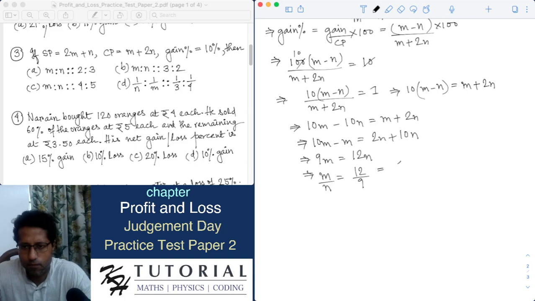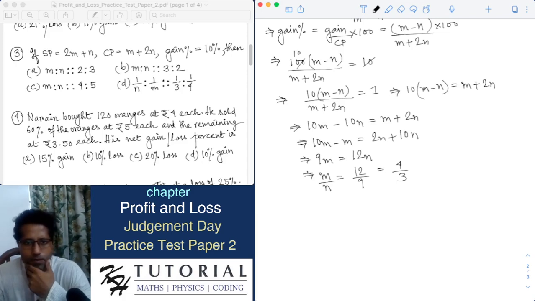This is 4 by 3. So M is to N equals 4 is to 3. Now we have to check which one is matching. The first choice, M is to N equals 2 by 3, that is false. M is to N is 3 by 2, false. M is to N is 4 by 5, that is also false.